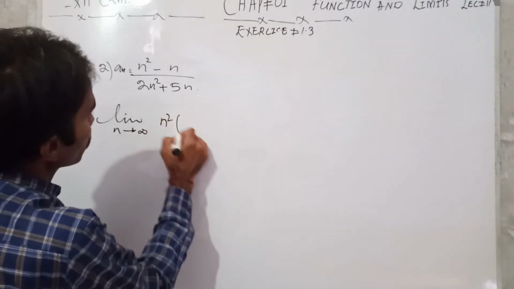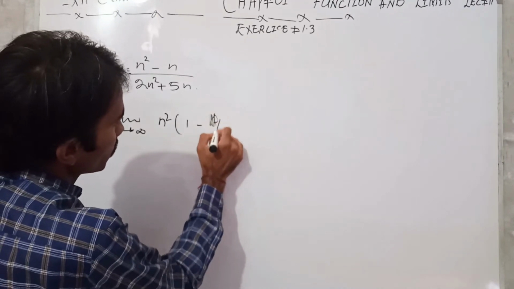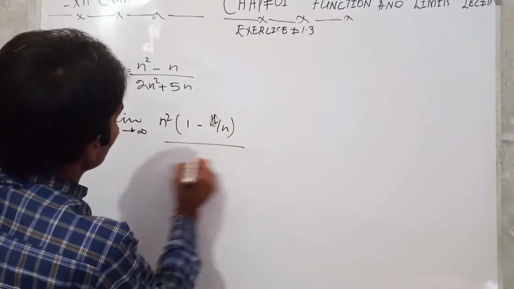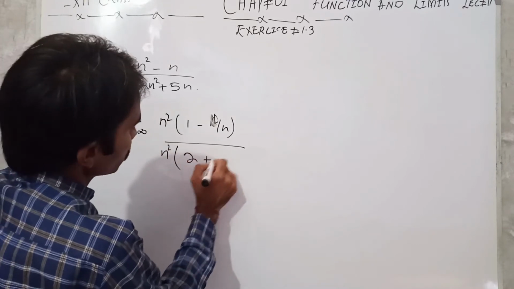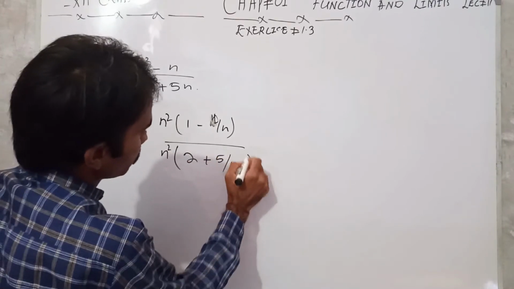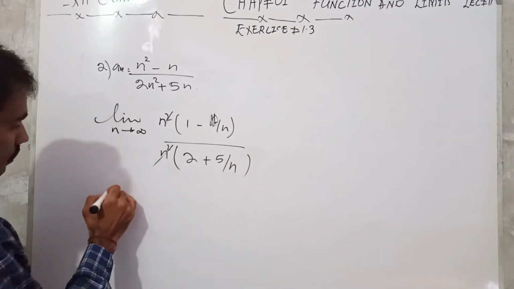So n square times (1 minus 1 divided by n), and n square times (2 plus 5 divided by n). These both cancel out each other.